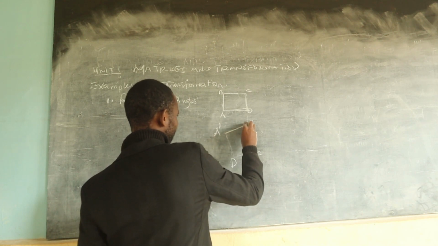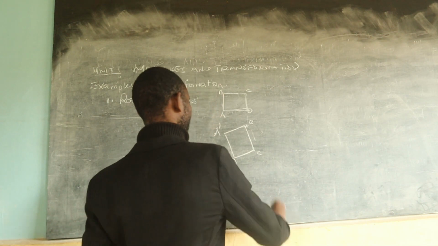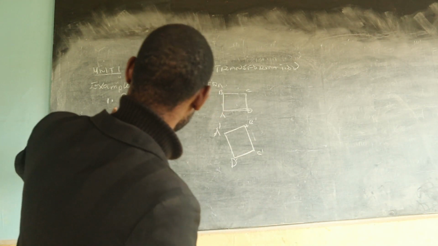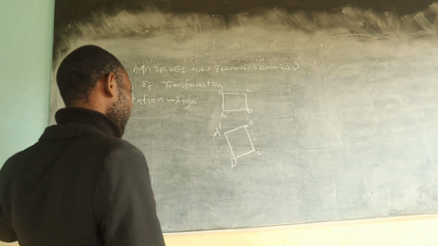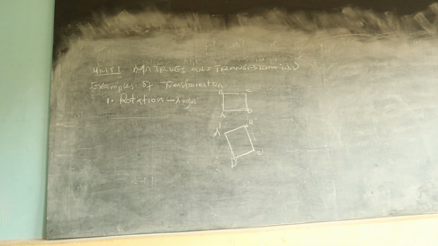So this is my A prime, B prime, C prime, and D prime, after it has undergone a certain angle of rotation.